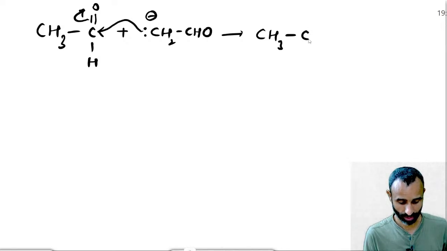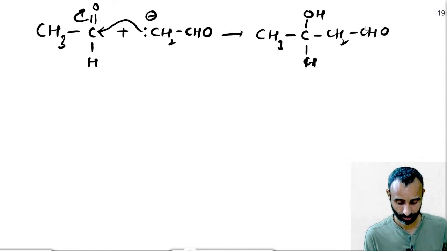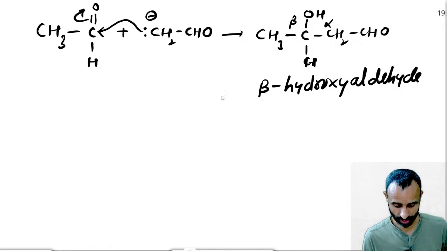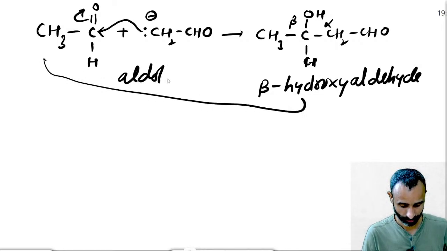So we get CH3O negative will get H plus ion. So this is beta hydroxyaldehyde. All right. Up to this reaction is called aldol reaction.